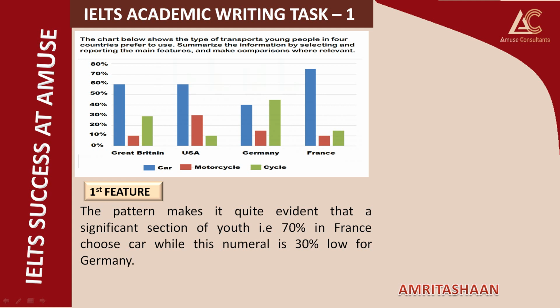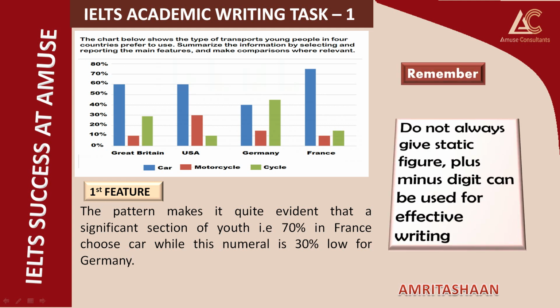I have not said that 70% use car in France and 40% use cars in Germany. The figure written here is after subtracting it. This is a minus figure. So this is another beautiful trend you have to understand. The point to remember is do not always give the static figure. Plus minus digits can be used for effective writing.